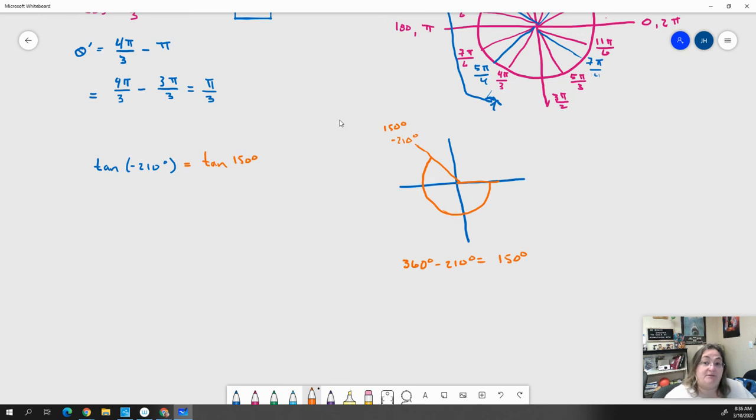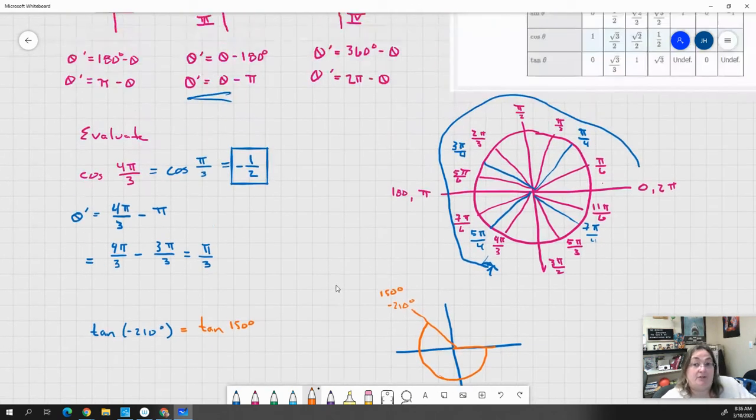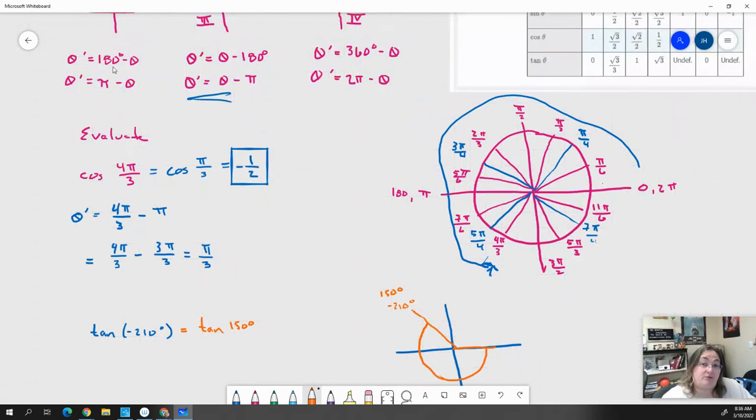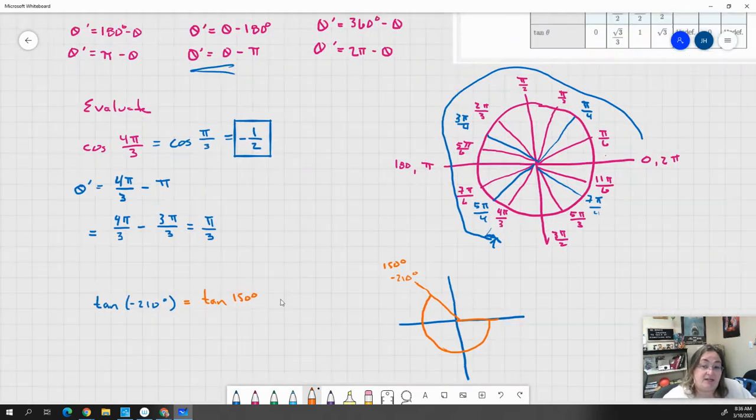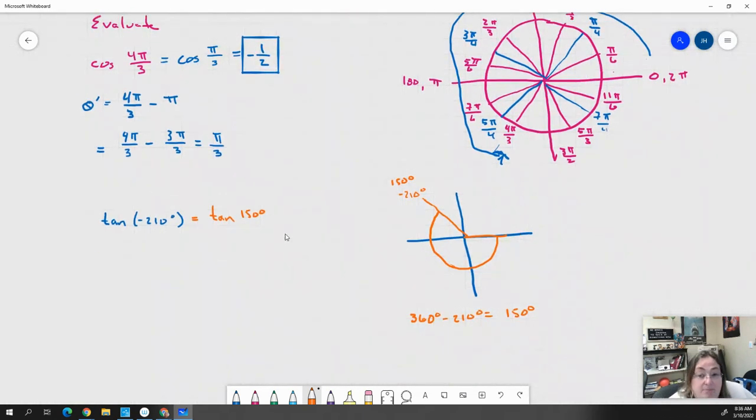So we can go up to the formula for quadrant 2, which is just 180 minus theta. When we're looking for our theta prime, that equals 180 degrees minus theta, which is our 150 degrees. And we would get that that equals 30 degrees.